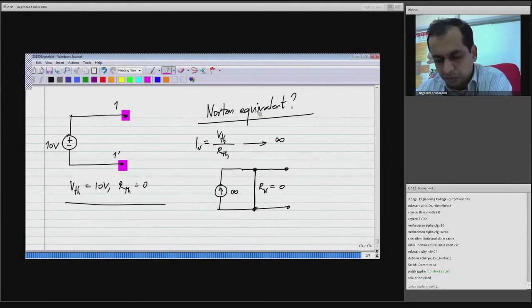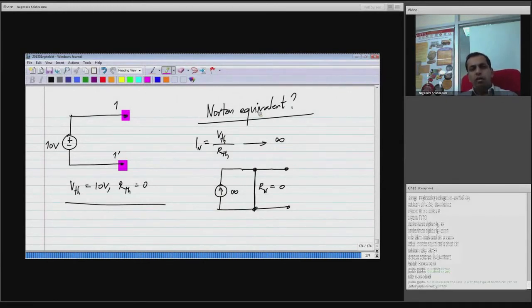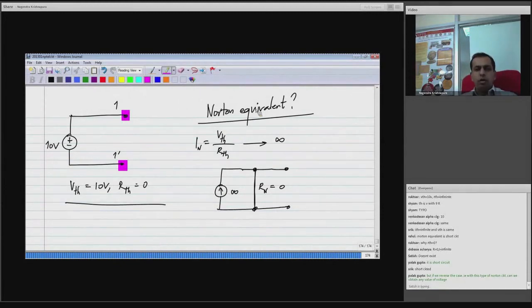So my point here is that while in general any circuit can be represented by either Thevenin or Norton, it is possible that one of them doesn't exist. One or the other will surely exist. But if you have a pure voltage source between terminals 1 and 1 prime, the Norton equivalent doesn't exist because you cannot short circuit and find the current. If you short circuit it, an infinite current will flow.